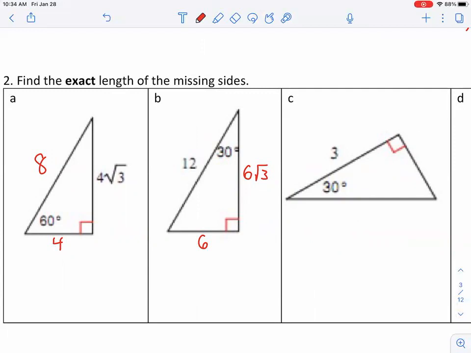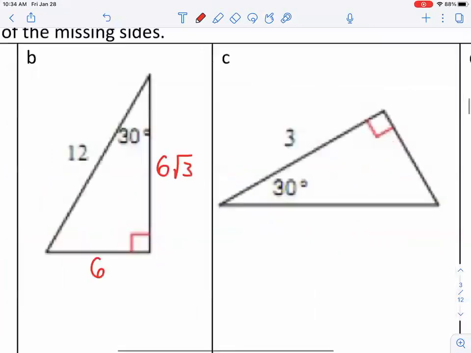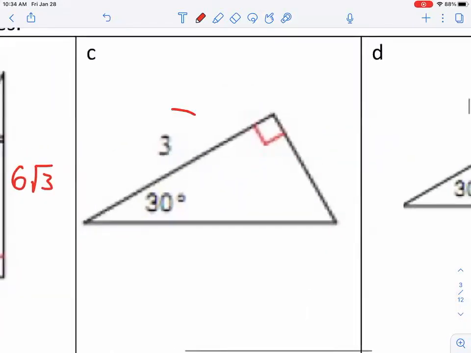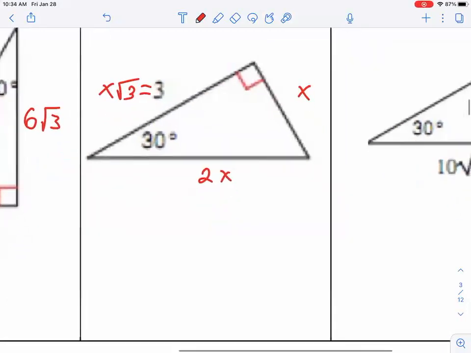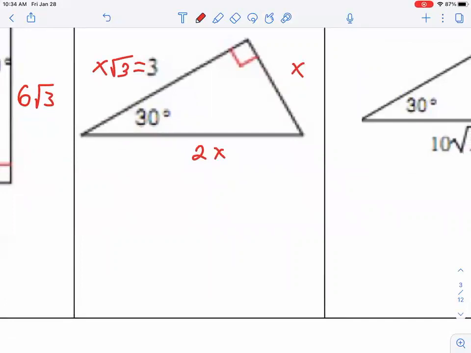All right, well, let's take a look at C. The difference is C, this is our longer leg here. Remember, this is x, this is 2x, and this is x root 3. But it's a whole number. Okay, so our x root 3 is equal to 3, and we then need to solve that for x. So I'm going to do that algebra down here.